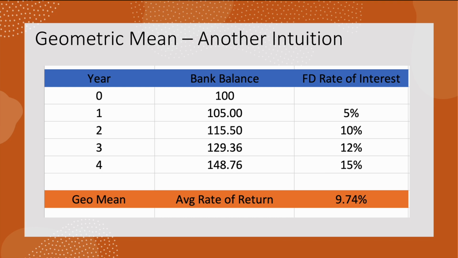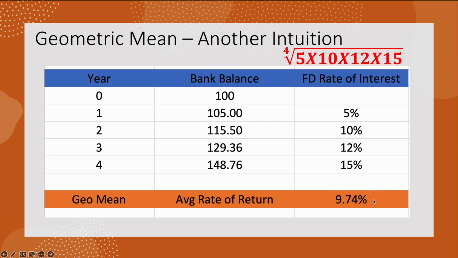This is what geometric mean is all about, if you have to think of it in these terms. So you multiply 5 into 10 into 12 into 15, and then take the fourth root of that, and that gives you the answer as 9.74. What does it mean?